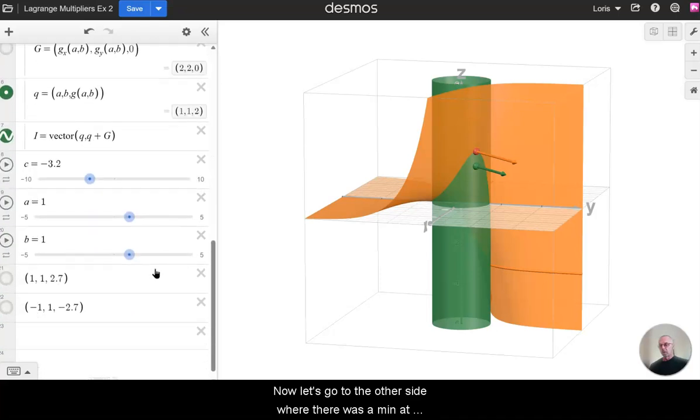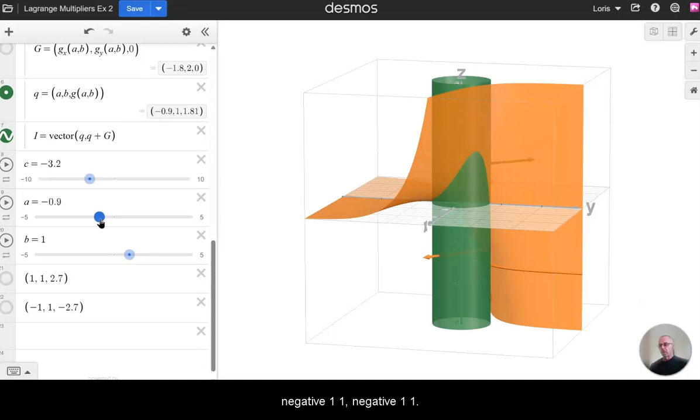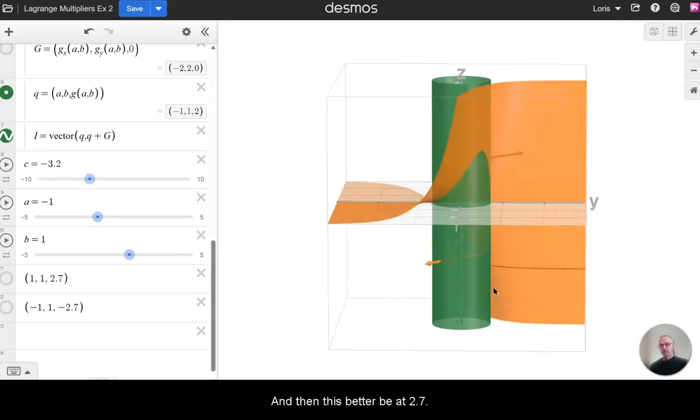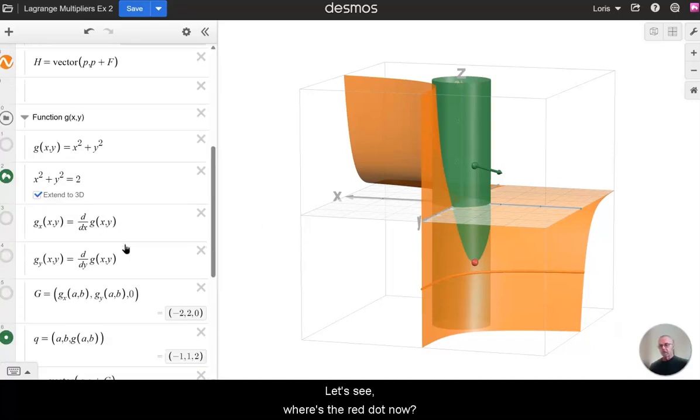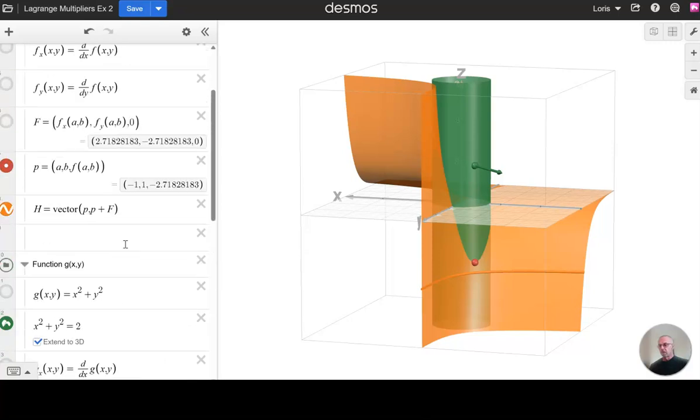Now let's go to the other side where there was a min at negative 1, 1, and then this better be at negative 2.7. Let's see. Where's the red dot now? Negative 1, 1, negative 2.7, sure enough.